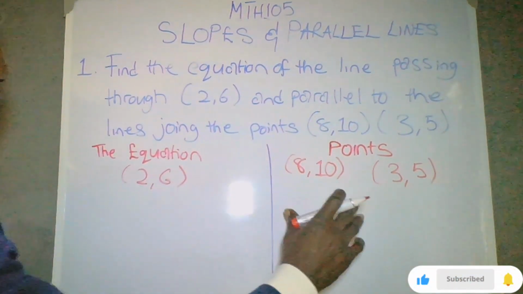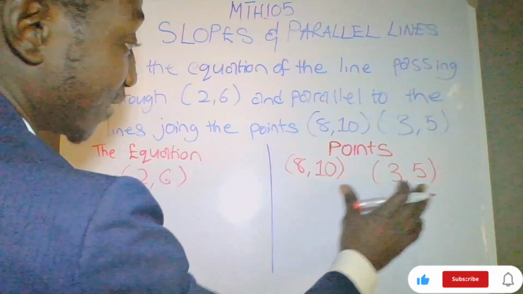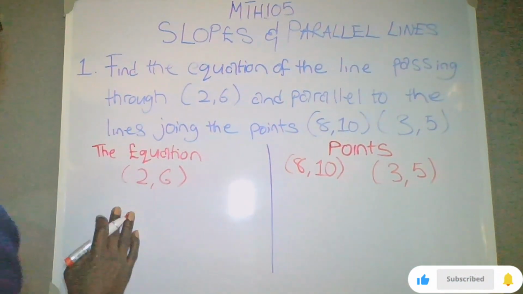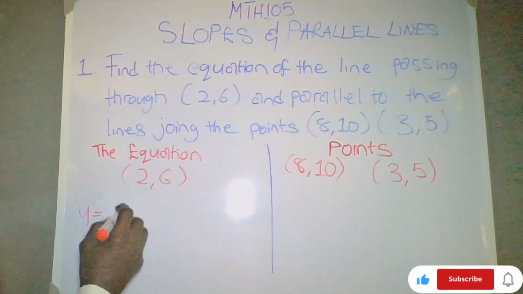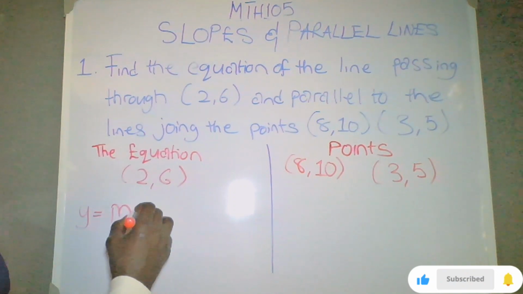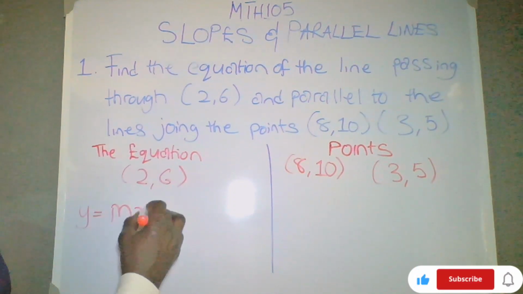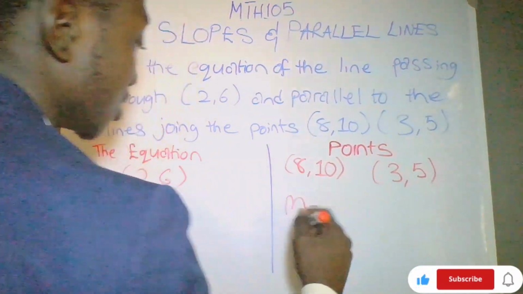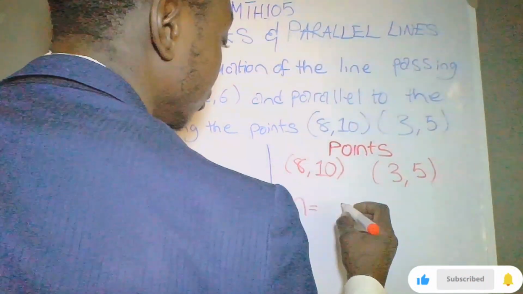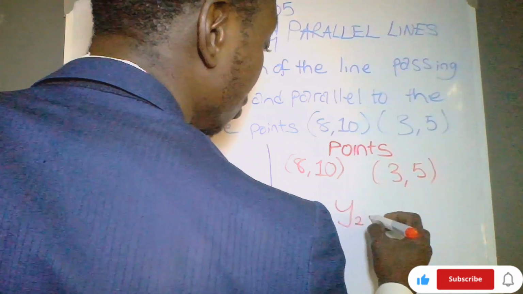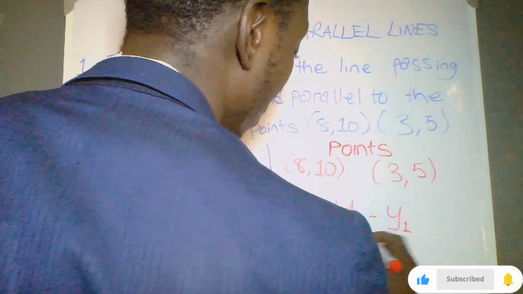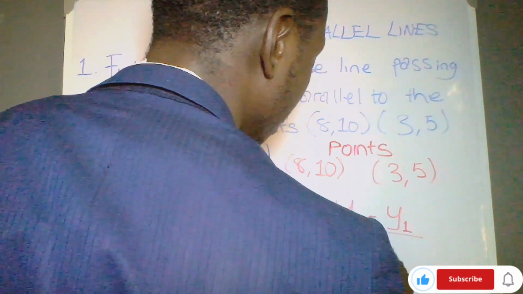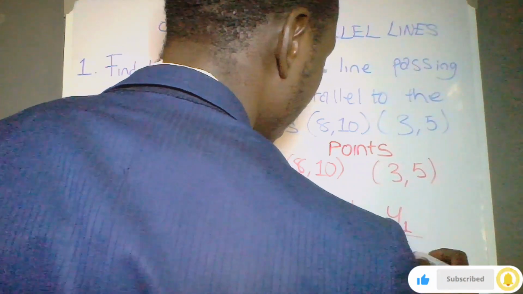The next thing to do, as we have identified this: the formula for the equation is y equals mx plus c, and for the point we have m equals y2 minus y1 over x2 minus x1.